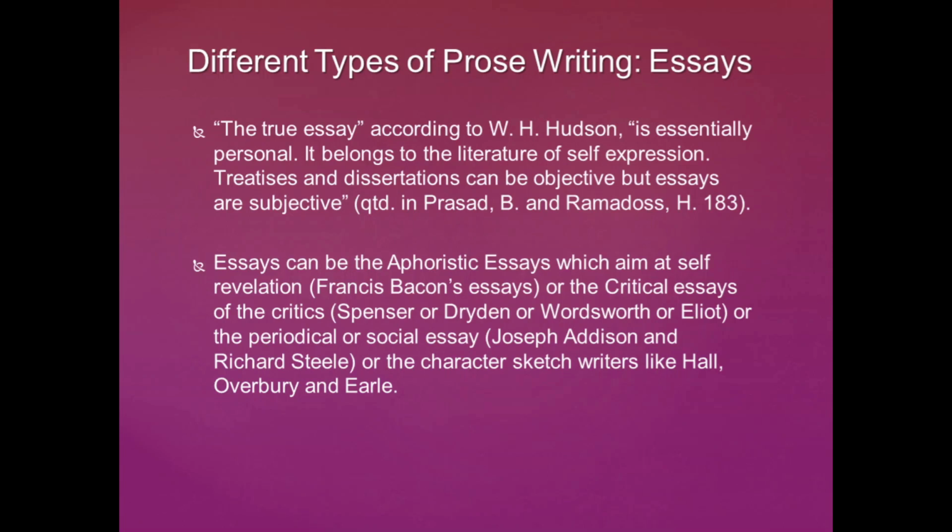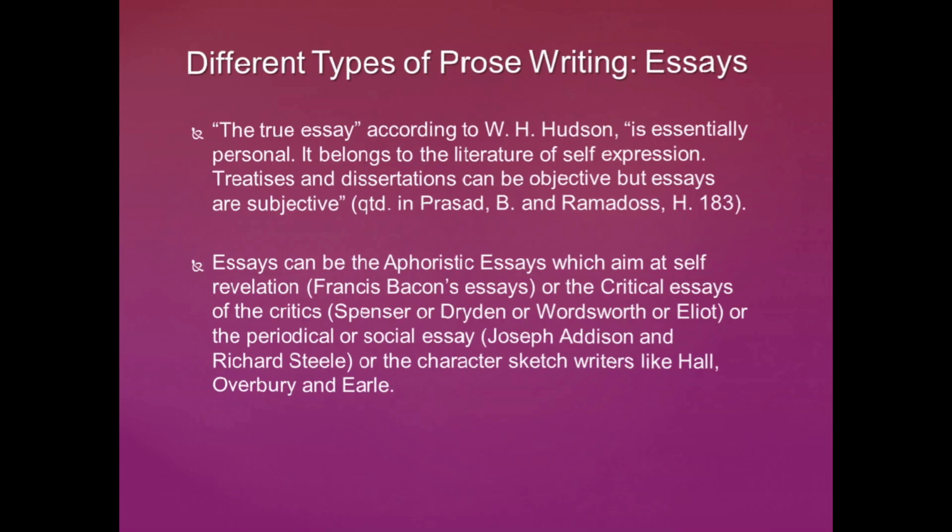Essays can be aphoristic essays which aim at self revelation, as you find in Francis Bacon's essays, or the critical essays of the critics, as we find written by Spenser, Dryden, Wordsworth, or Eliot, or maybe the periodical or social essays that we could see of Joseph Addison or Richard Steele, or even maybe the character sketch writers like Hall, Overbury, Earle, and others.